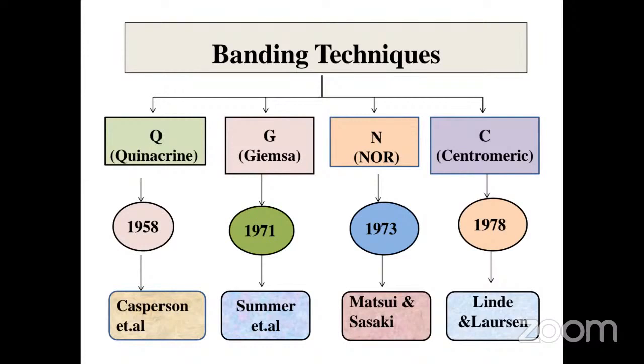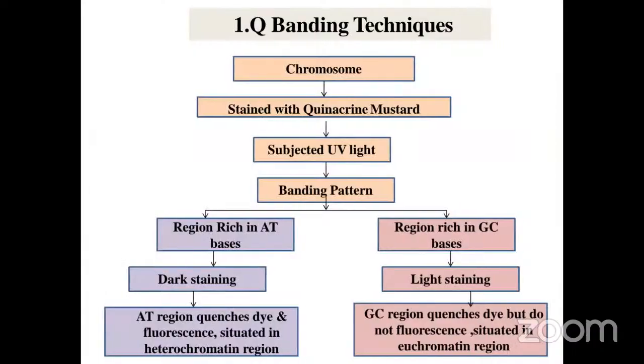Nuclear organizer region: on the chromosome there is one NOR region, the nuclear organizer region. Matsui and Sasaki discovered this technique in 1973, whereas Linde and Lawson discovered the C banding technique, where the centromeric region is stained, in the year 1978.